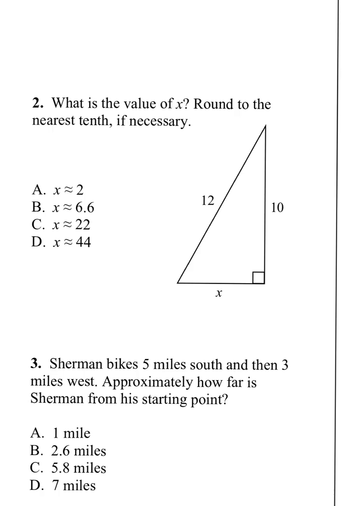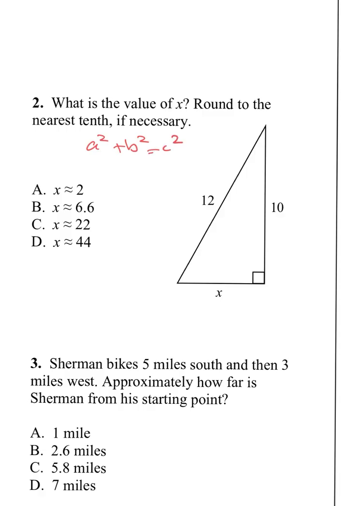On number 2, it says, what is the value of x? Round to the nearest tenths if necessary. So, good old Pythagoras and his theorem. Let's start with that. The Pythagorean theorem says a squared plus b squared equals c squared.